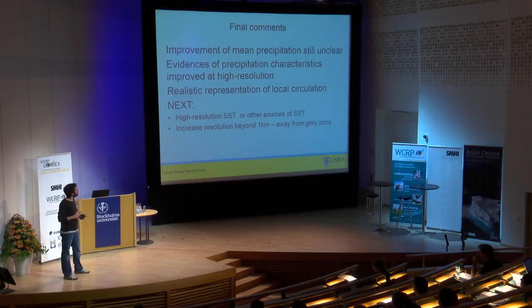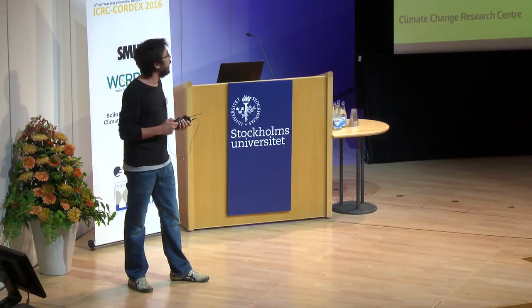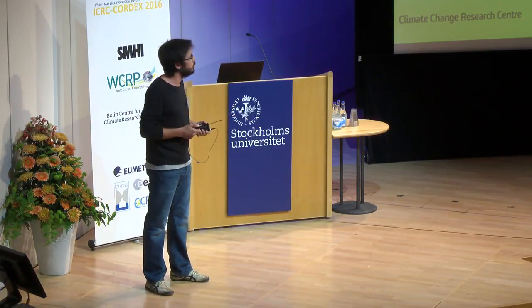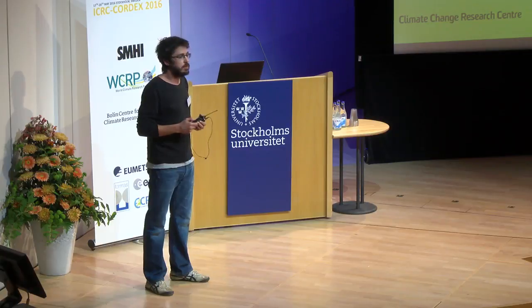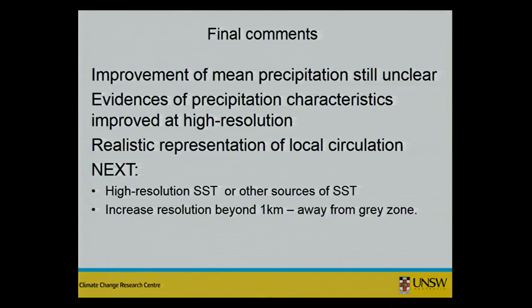And to conclude, just some final comments. I think the improvement of the mean precipitation is still unclear. And this might be due to the observations we're using. There are differences in the resolution, and we know that in some complex topography areas these products are not so good.